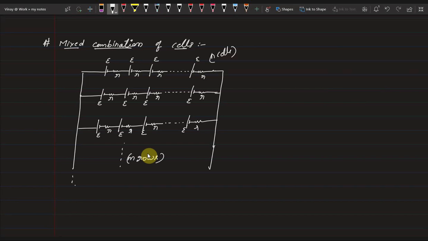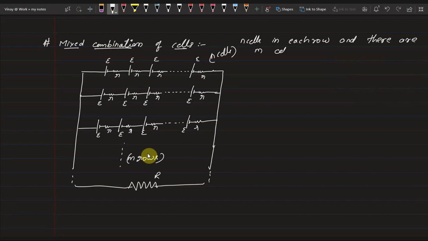And finally, this is connected to an external resistor of resistance capital R. For example, there are n cells in each row and there are m rows.